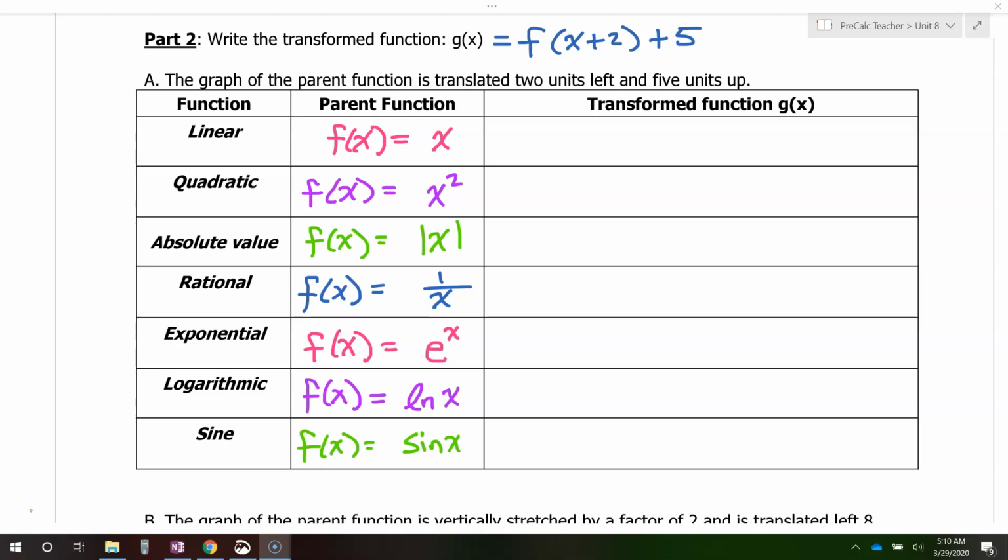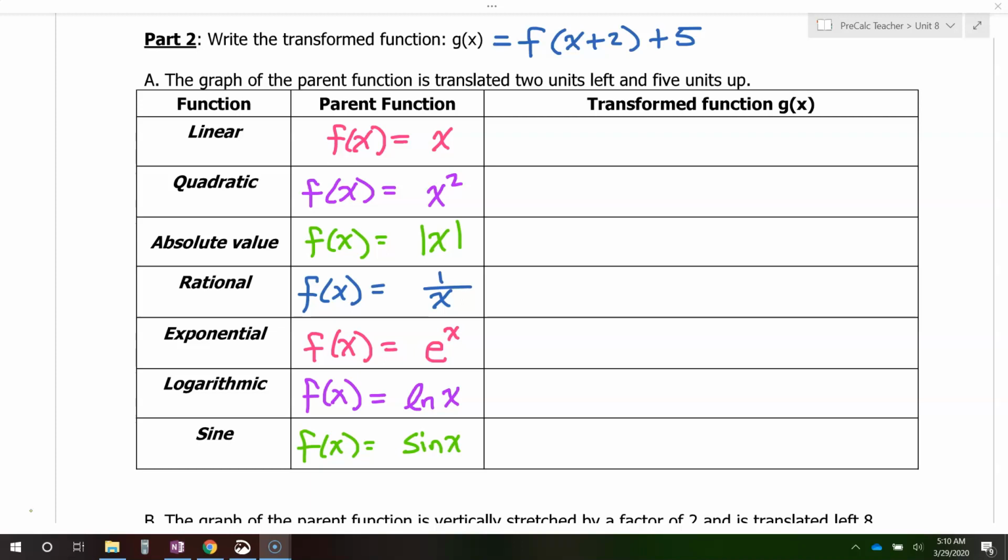So now I'm just going to take each of these functions and do this plus 2 and minus 5 to them. It's just a matter of knowing in each shape where the plus 2 goes. And it should be pretty obvious where the plus 5 goes. I'm going to go from bottom to top.